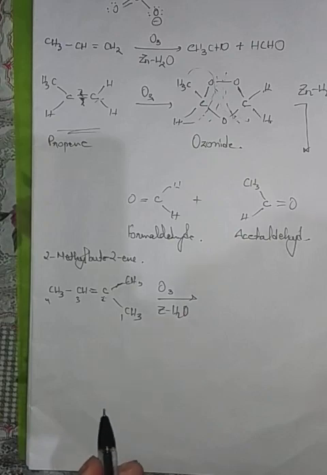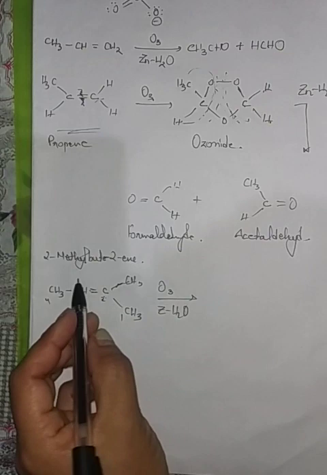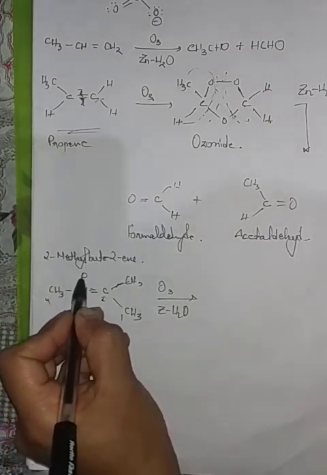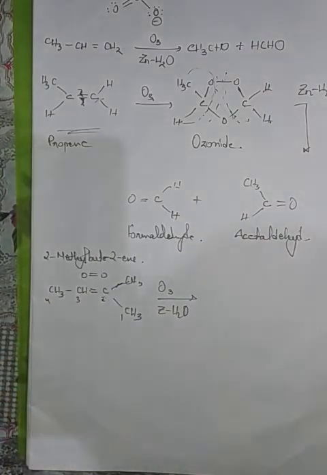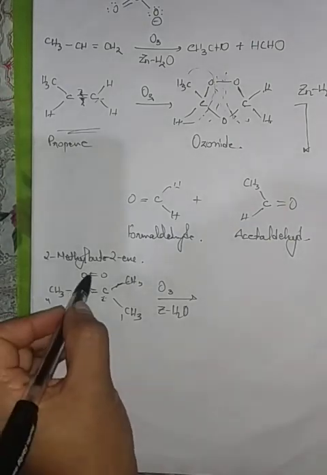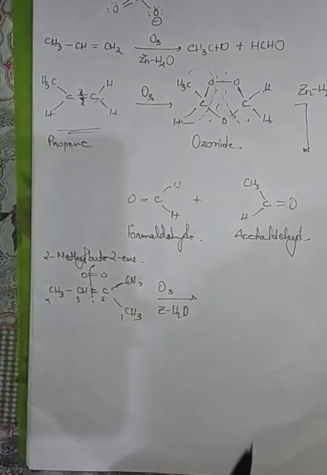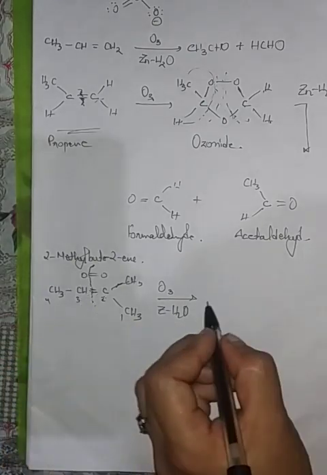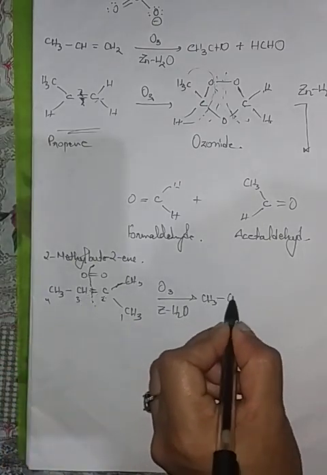Now a short trick for this ozonolysis reaction is a simple trick. Just take ozone here and break the bond in this way. If you break the bond in this way, you would be getting CH3, CH.